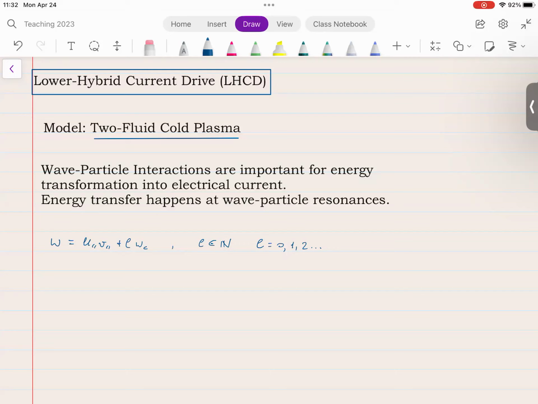In fact, what happens at a wave resonance is not an energy transfer but a mode conversion.